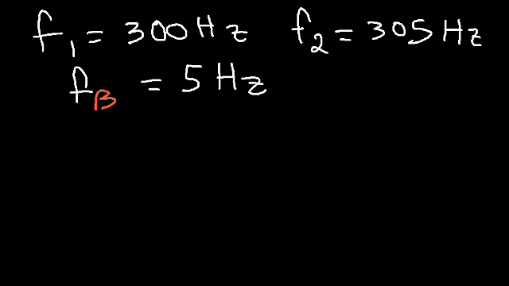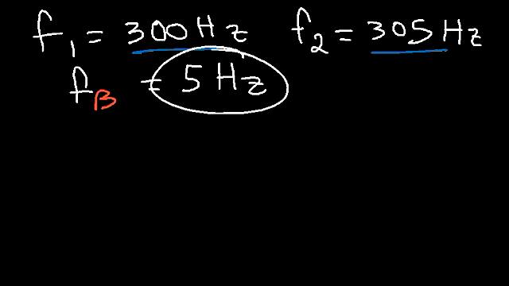What happens is, in the time of 1 second, these two sound waves will produce 5 points of constructive interference. And those 5 points of constructive interference is the frequency, or the beat frequency.